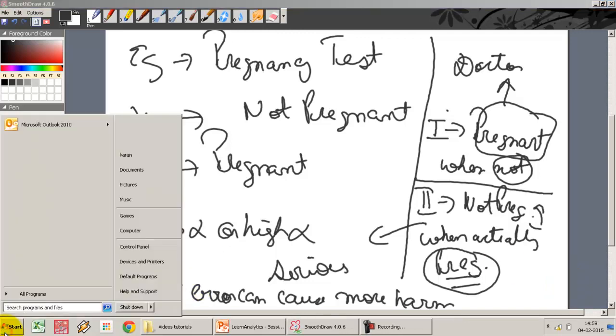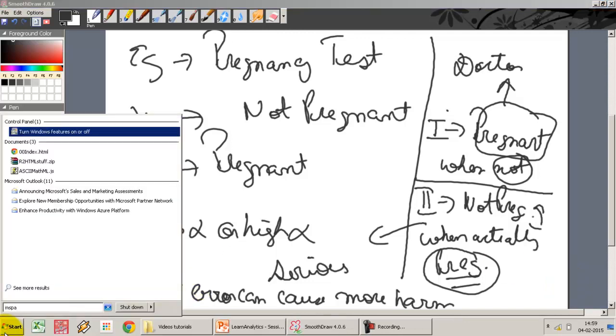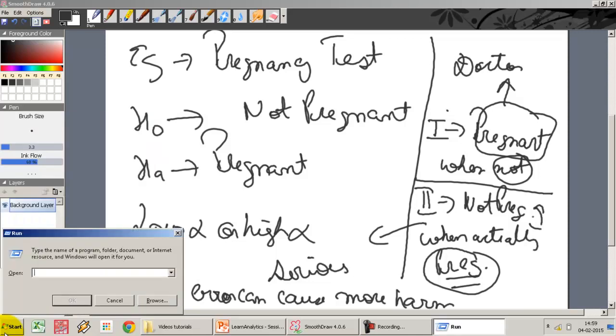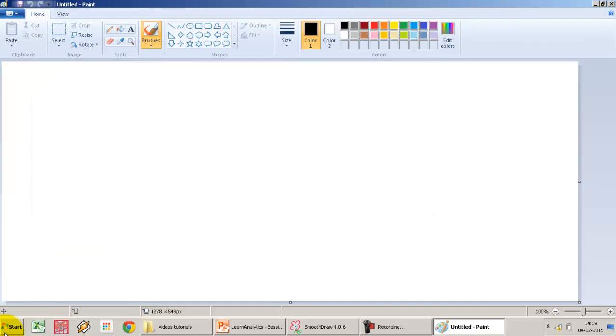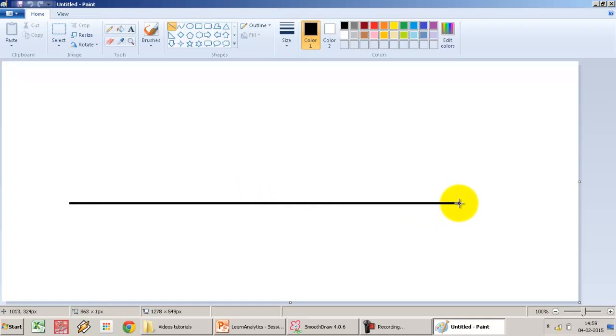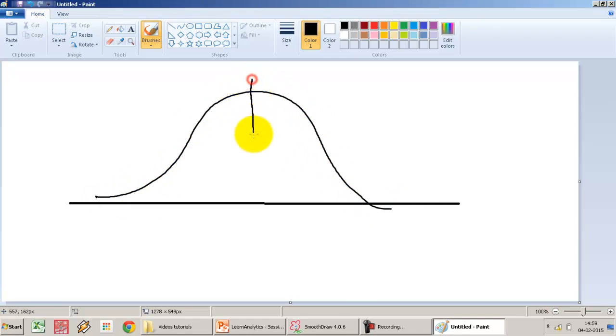We may want to draw it out. I'm just going to open up another sheet on MS Paint and remind you how it works. Let's say I have a distribution over here, a normal distribution around there. Let me make it a little better.